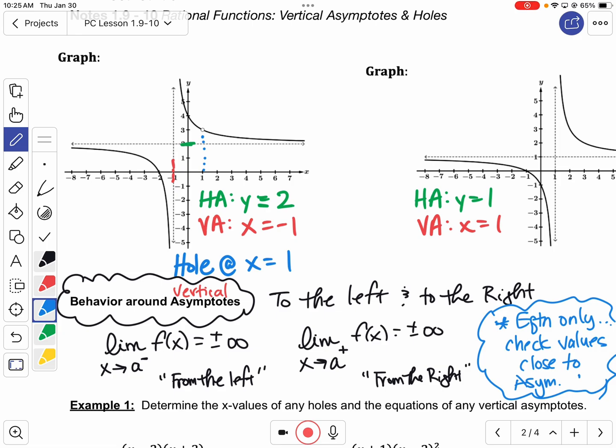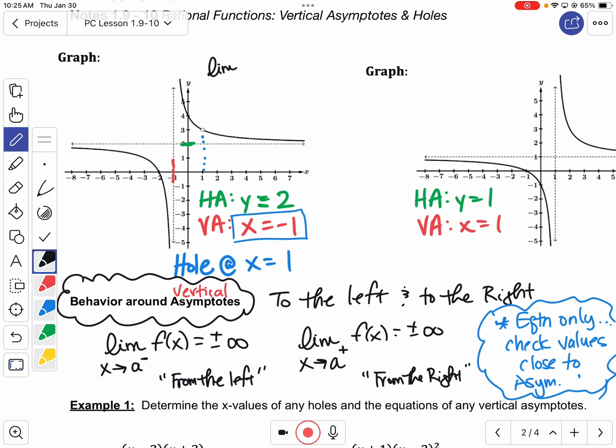So let's go back to that first graph, okay? And let's do the limit statements based on the graph, okay? For my vertical asymptote. What's it doing around that asymptote? Well, you told me that my asymptote was at x equals negative 1, okay? So my two limits are going to be this.